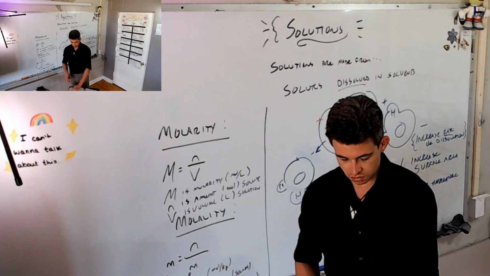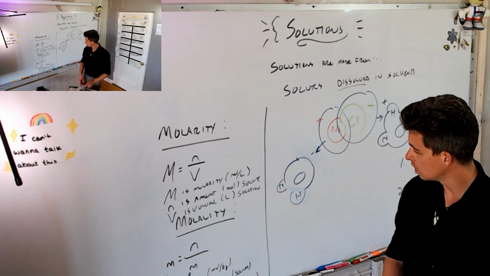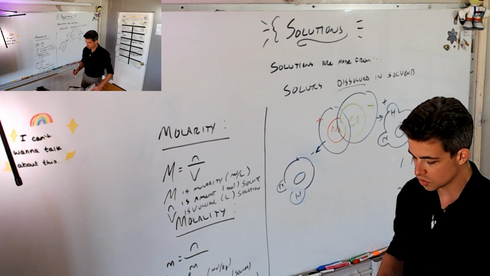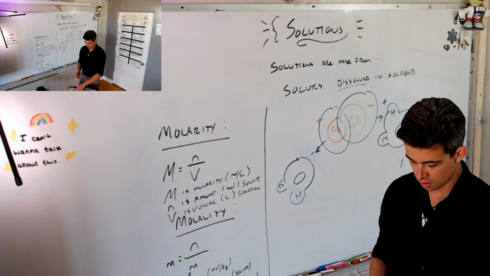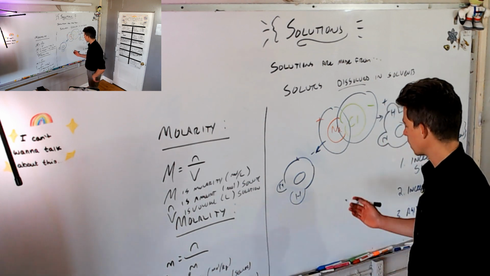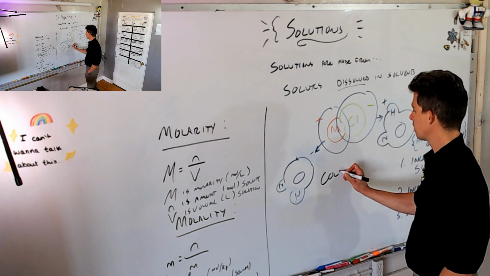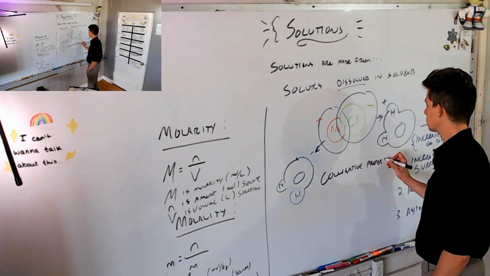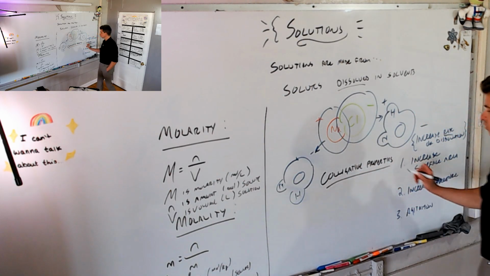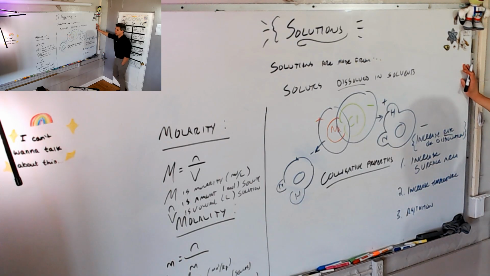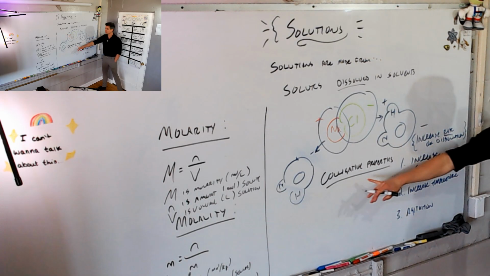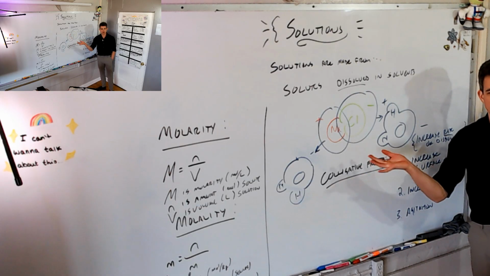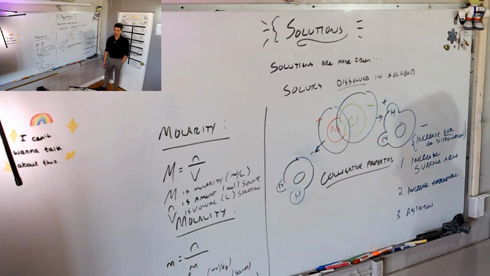What we do with those is the most important, probably practical concern for the calculation of this: what are called colligative properties. Colligative properties means those properties that have to do with the amount of it. The word colligative means regarding how much, regarding the quantity.